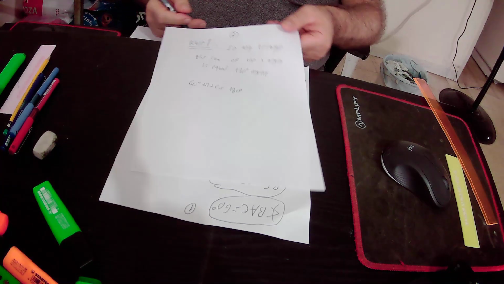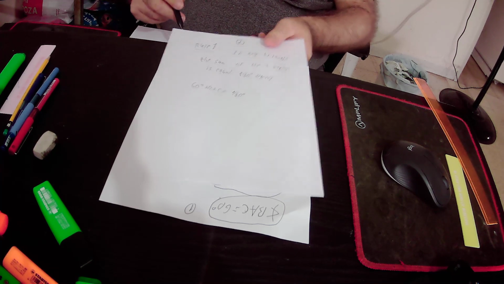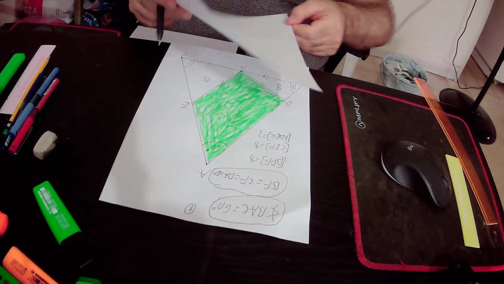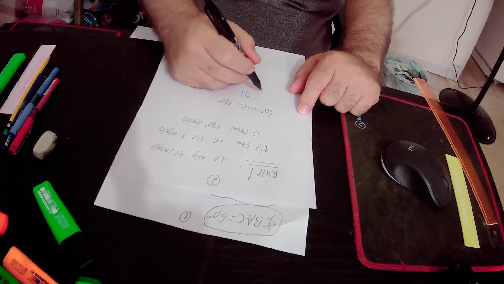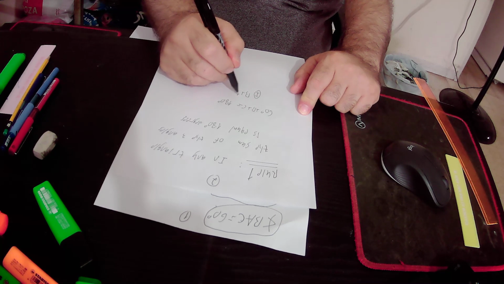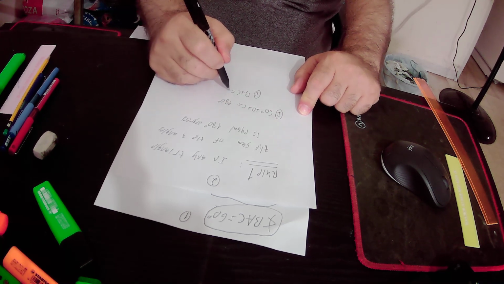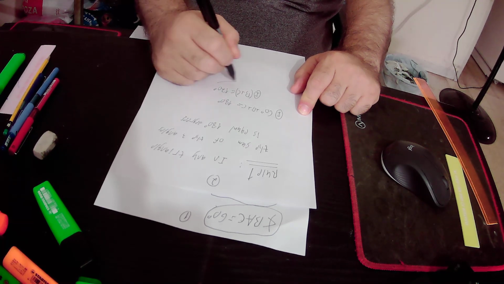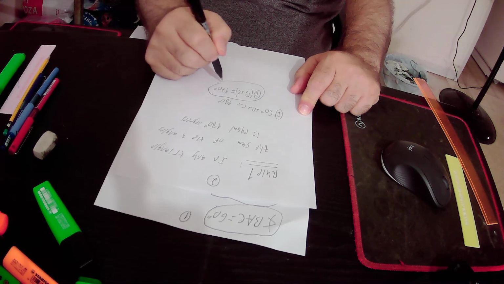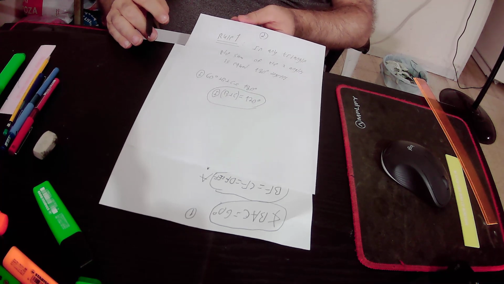So we can subtract 60 degrees from this equality, and we will get that B plus C, that will be equation number 1, B plus C equals 120 degrees.